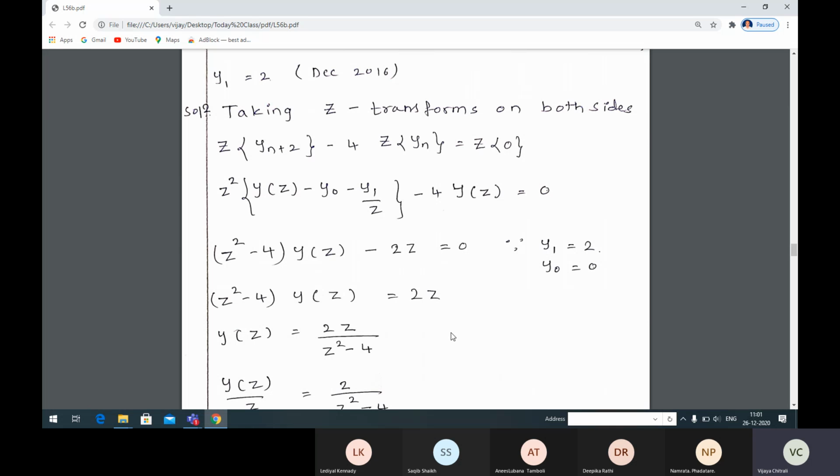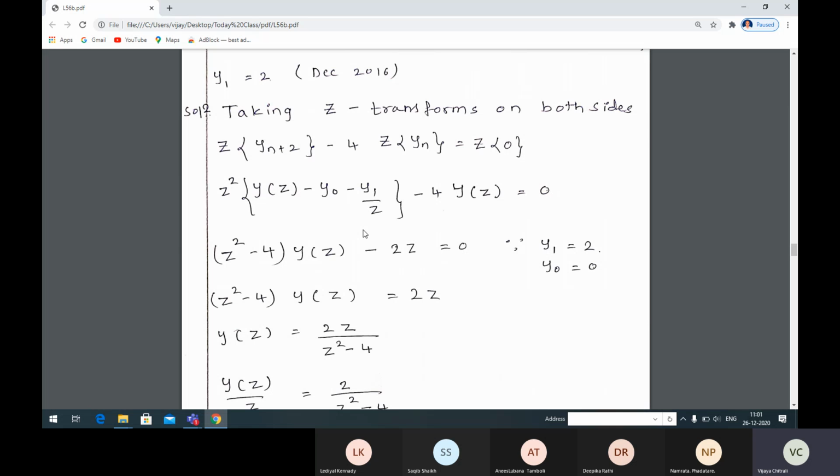So Z transform of y suffix n plus 2 is z square y of z minus y0 minus y1 of z. The only difference is that in place of u, y is given. So z square y of z minus y0 minus y1 of z, minus 4 y of z, is equal to 0.